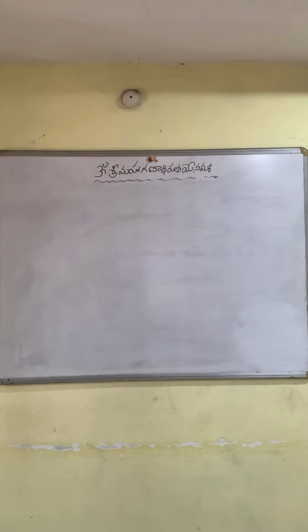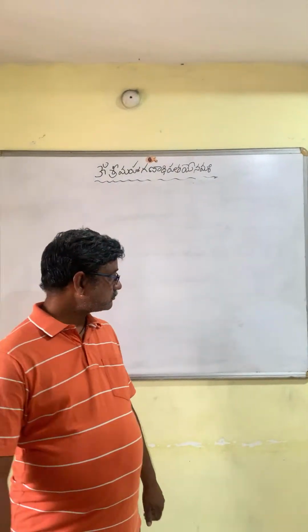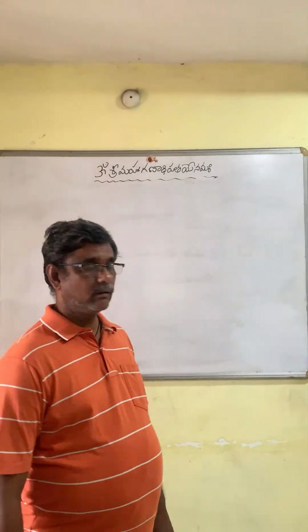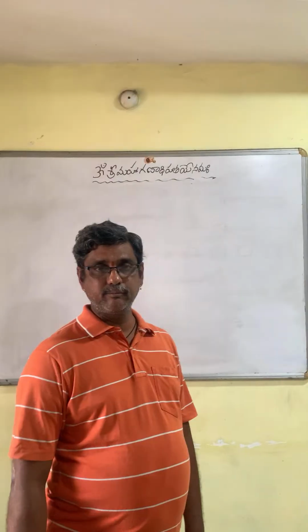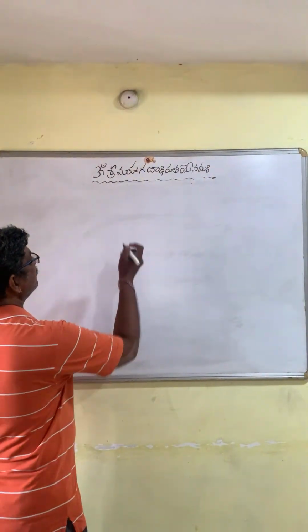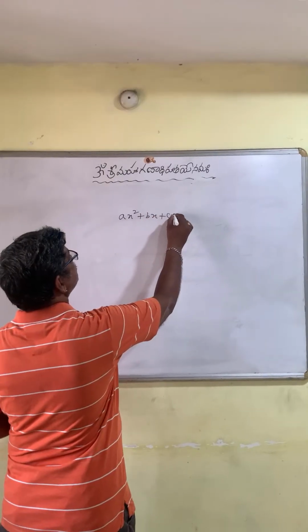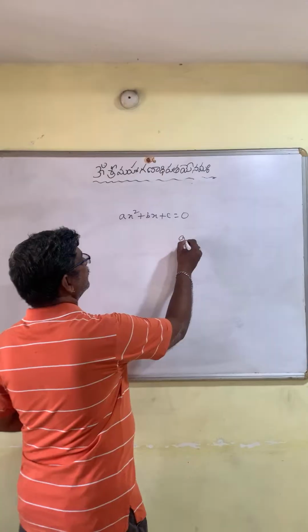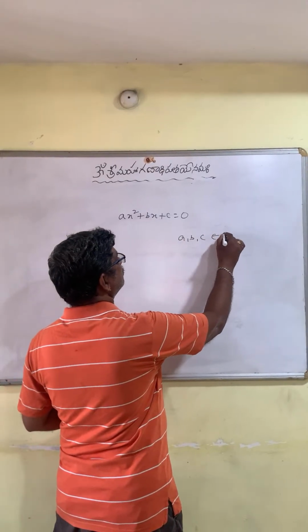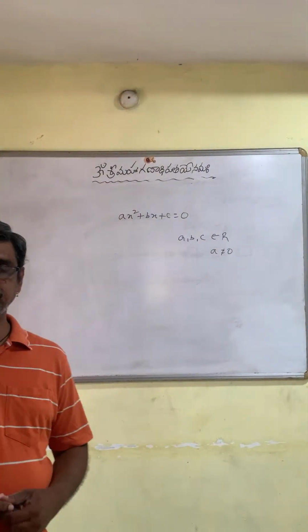Good morning. We are discussing quadratic equations. The general form of a quadratic equation is ax square plus bx plus c is equal to 0, where a, b, c are real numbers and a is not equal to 0.